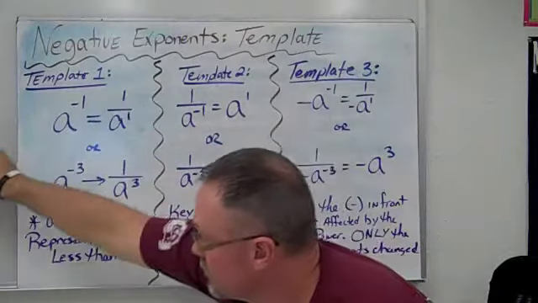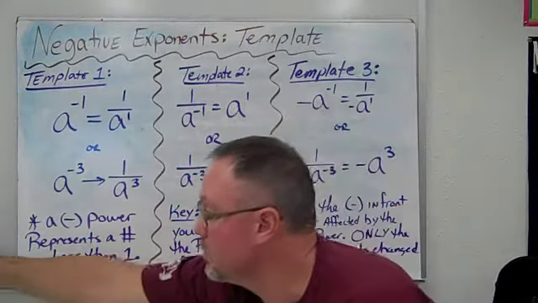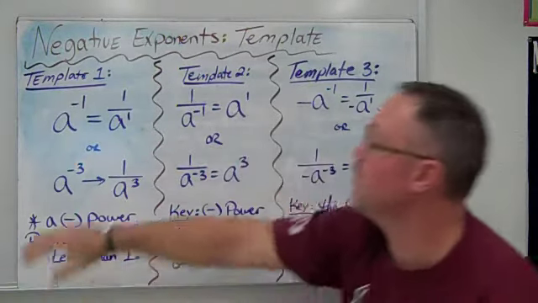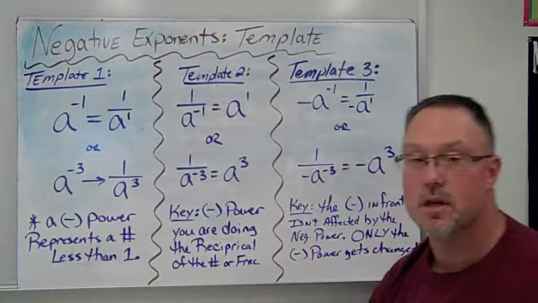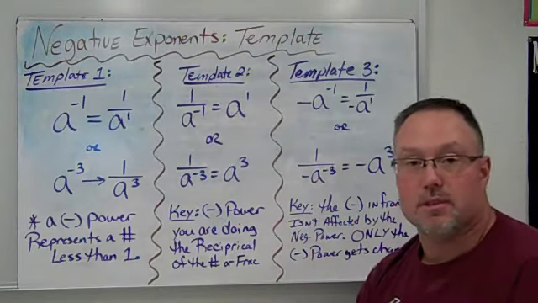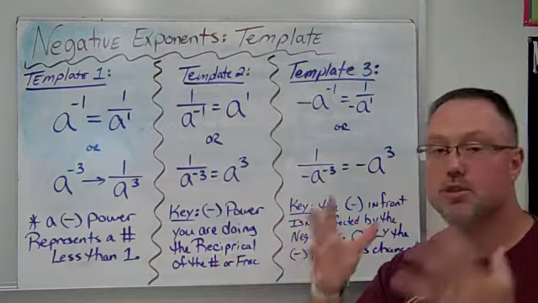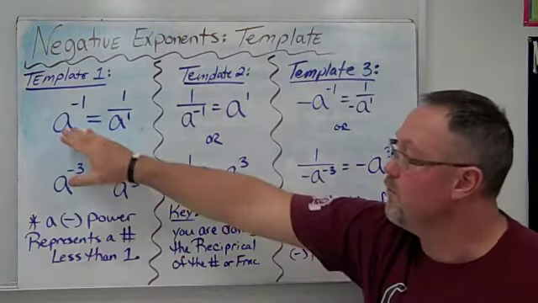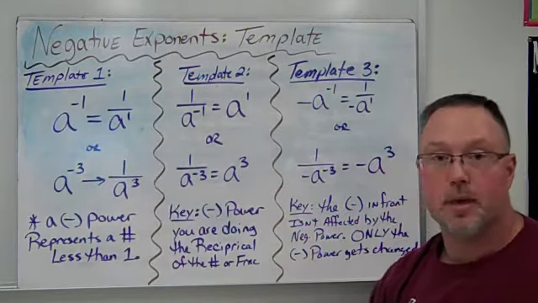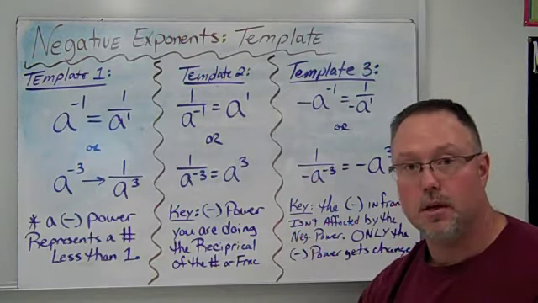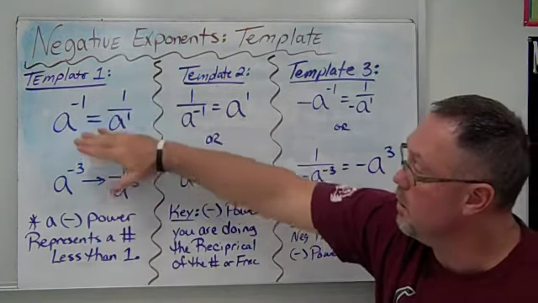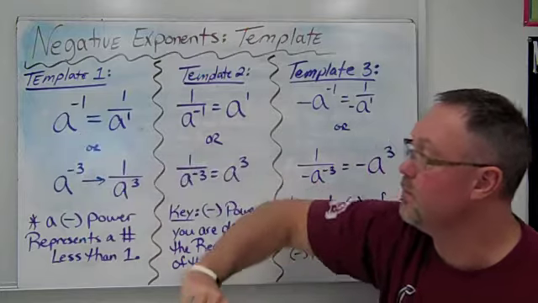Our next section is probably the hardest and at times the most confusing, and that's the negative exponents. So what I thought I'd do is give you some templates, things that you can just plug in numbers for wherever you see the A, and this will work every single time. So template 1, we have A to the negative 1 power.